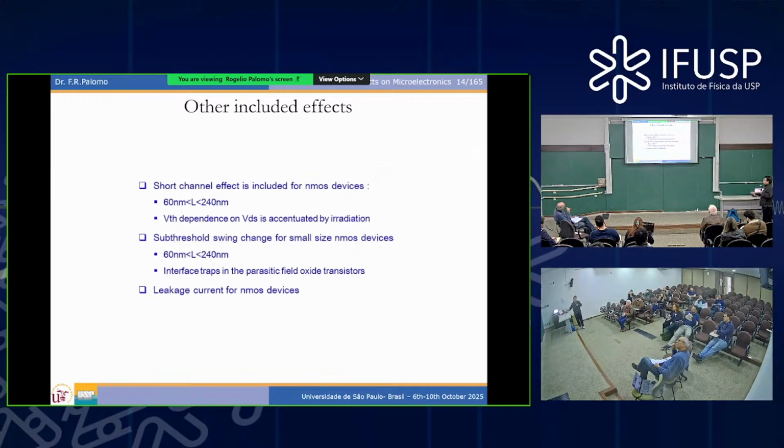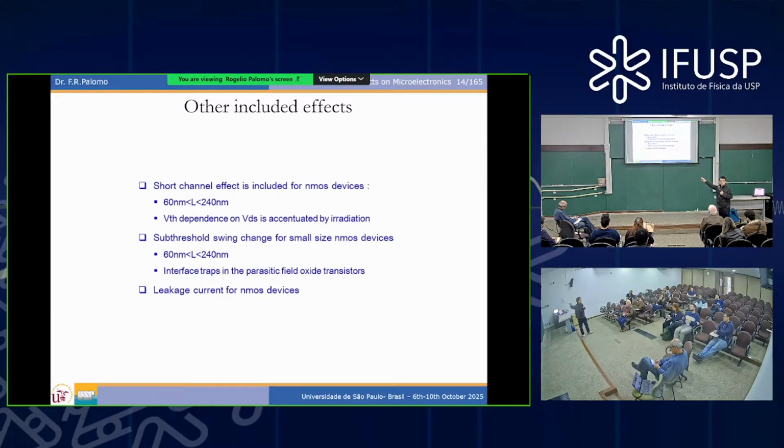In particular, those are the effects we included in our models. Not only the dependence of the threshold on the radiation, but also short-channel effects, because we were using 65 nanometers. It's a technical thing about how a transistor at that scale works. Also, the sub-threshold swing change.